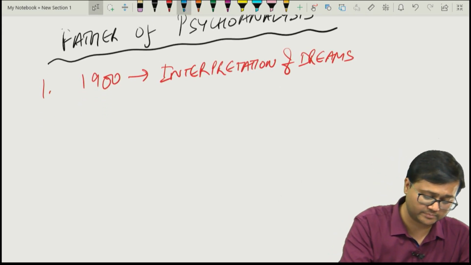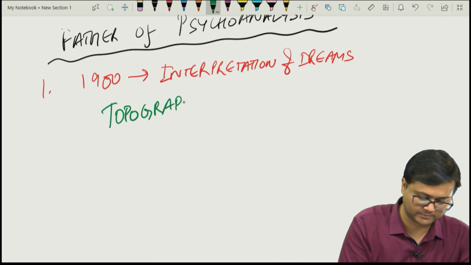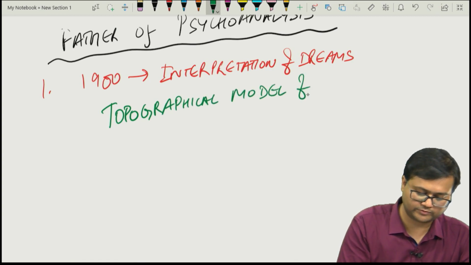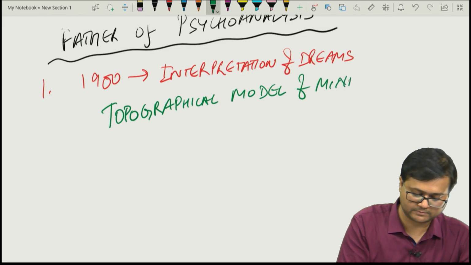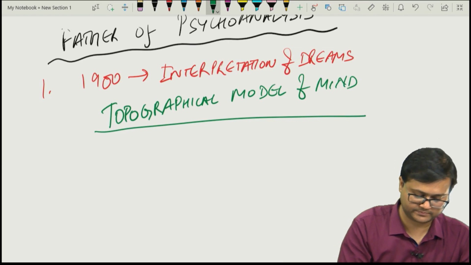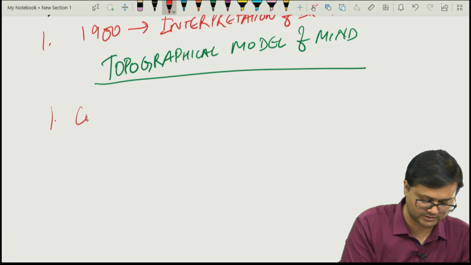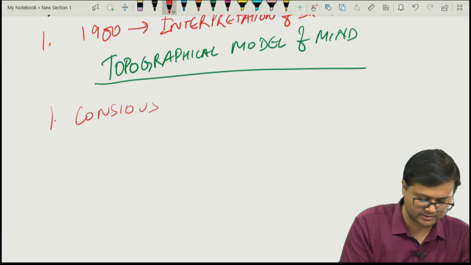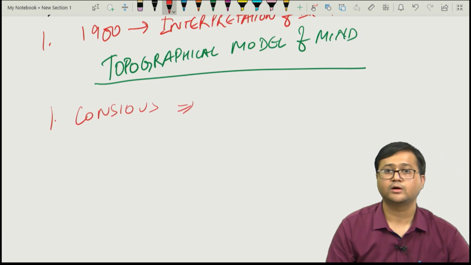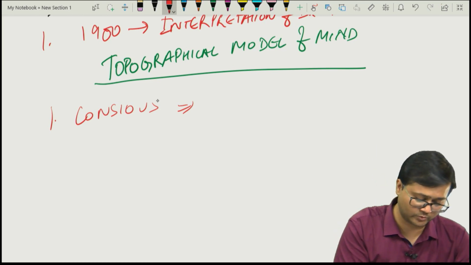So he divided the mind into three parts. The conscious mind, where all the perceptions of the outside or the inside world are brought to our awareness.